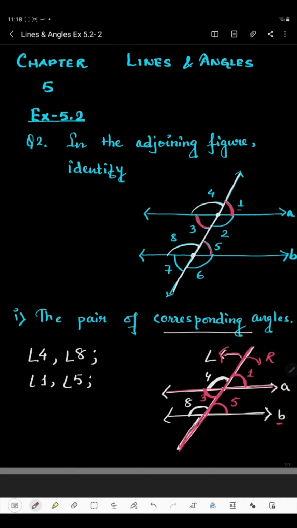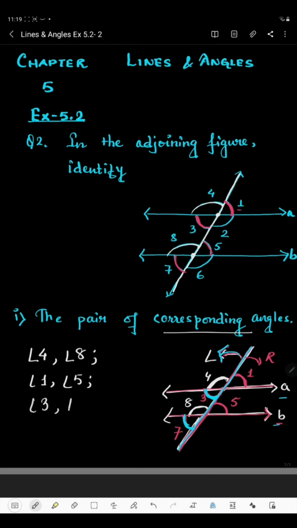And if you take the left hand side and the lower part of parallel line B, then this angle comes, which is angle 7 according to the figure, right? As this is the transversal line, we are taking the left side again but taking the angles on the lower part of the parallel lines A and B. So this is angle 3 and angle 7.